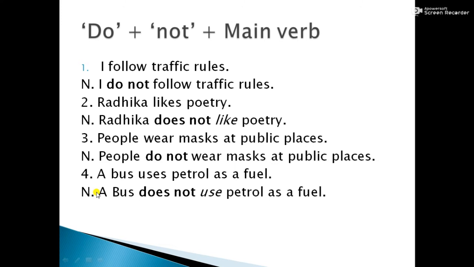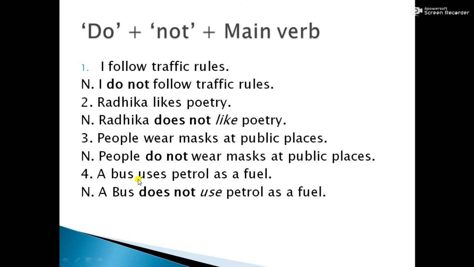The fourth sentence is, a bus uses petrol as a fuel, or alternatively, a bus runs on petrol. Both sentences are correct. So, a bus uses petrol as a fuel. A bus is the subject. A bus is third person singular.